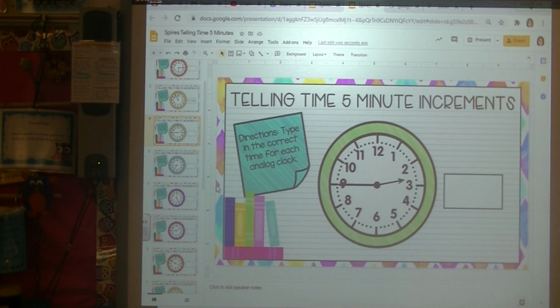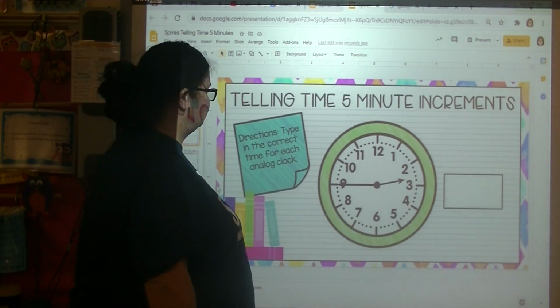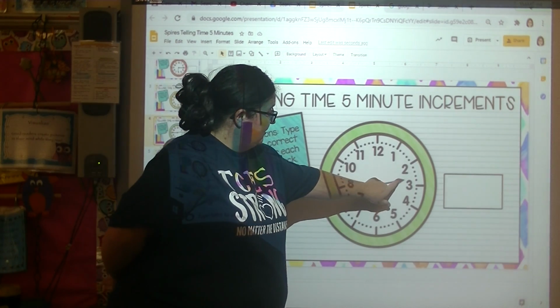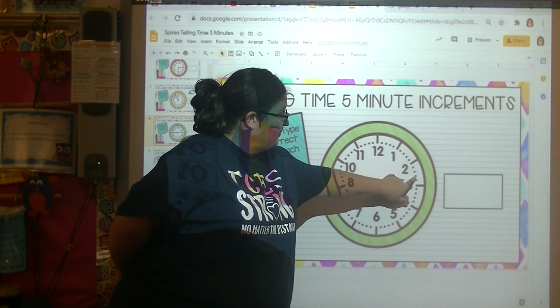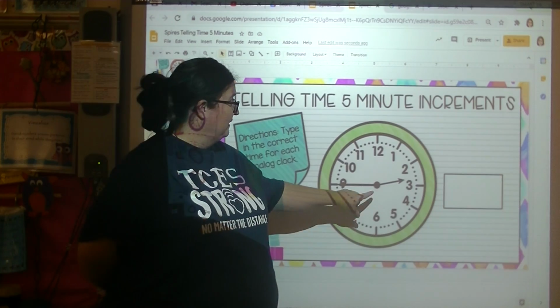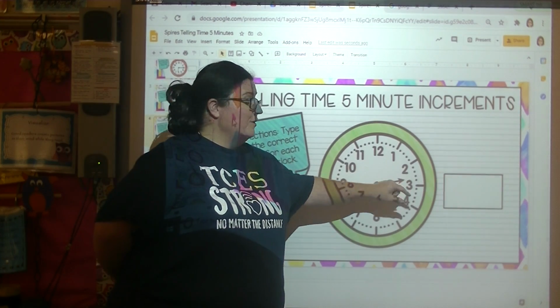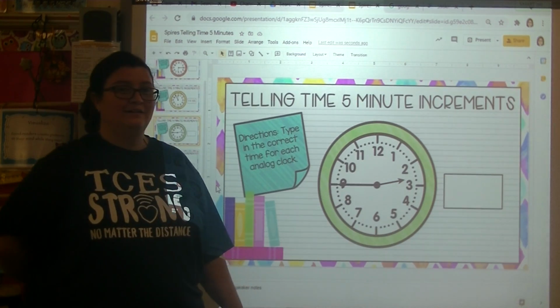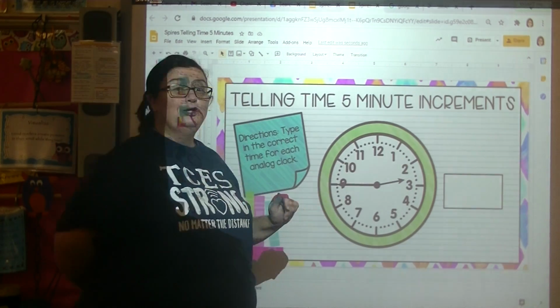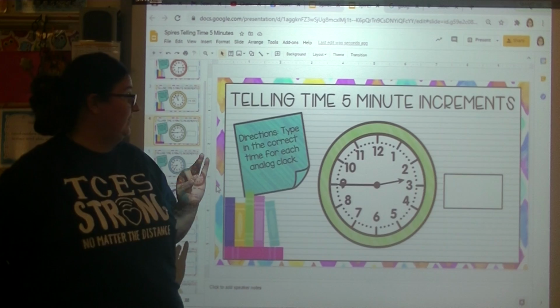Next one, look at your hands on your clock. Now look carefully. Your hour hand, it's creeping close to the 3, but it's not quite there yet. So is it 2 or 3? All right, you'll have to back up. It's still 2. It's almost 3.